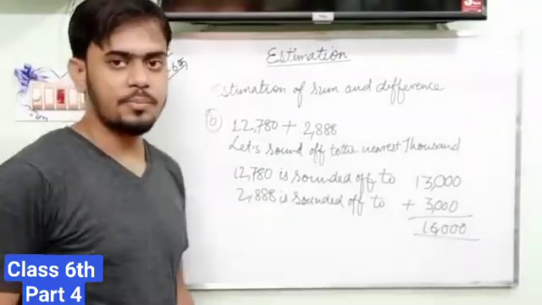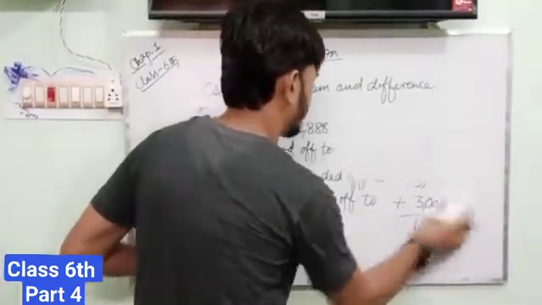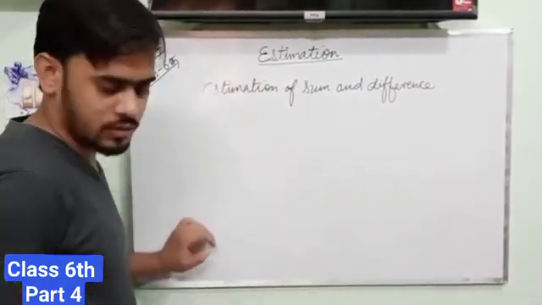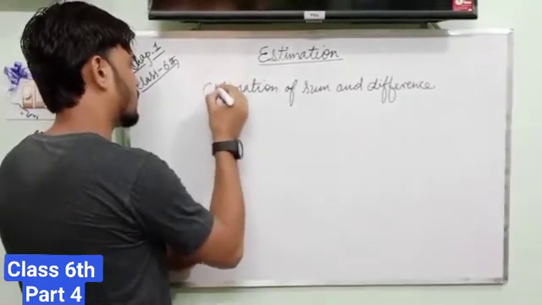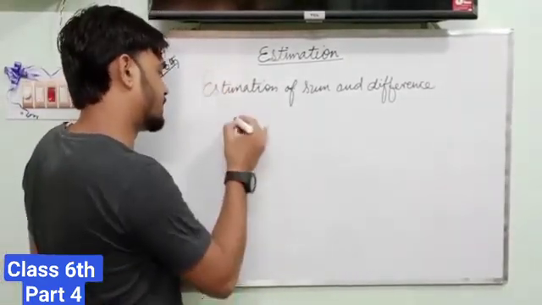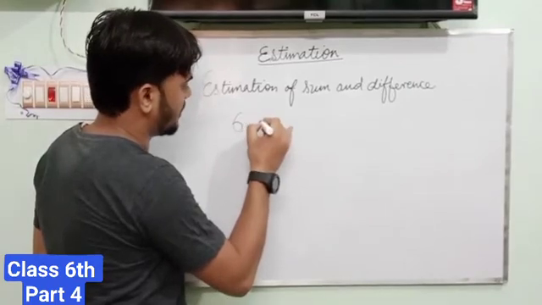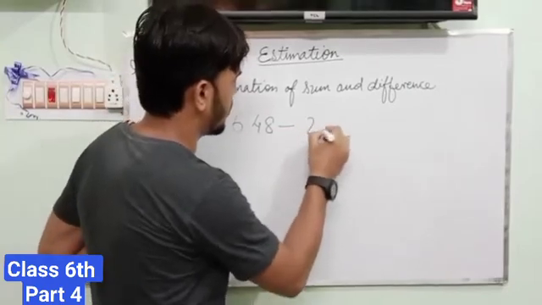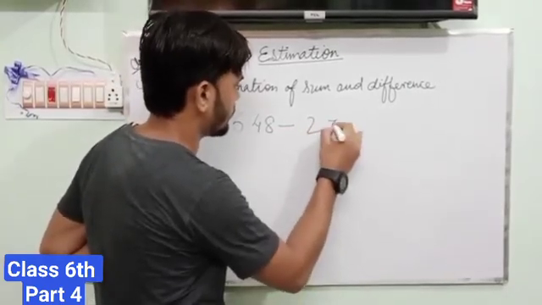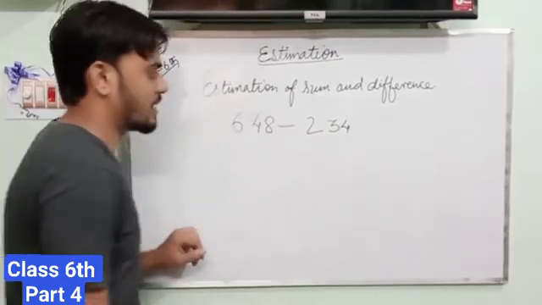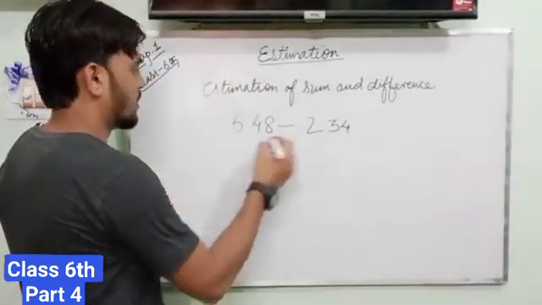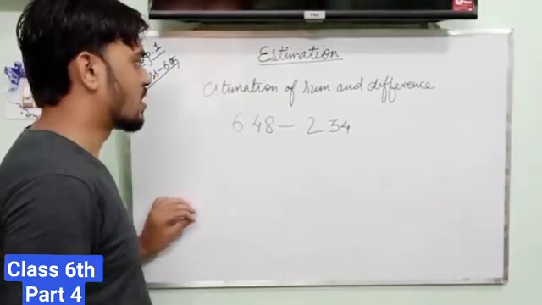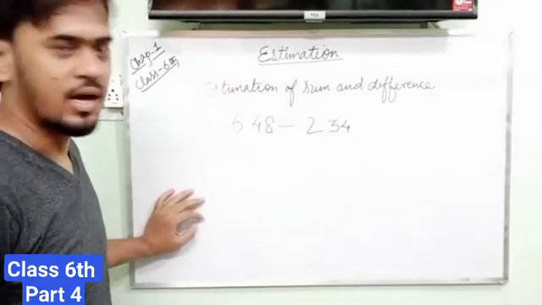Let's take one example from difference. If you have the numbers 648 minus 234, find the estimated difference. We have to find the estimated difference to the nearest 100.